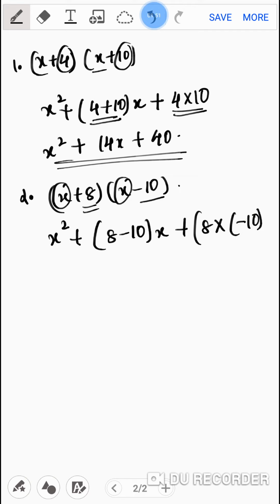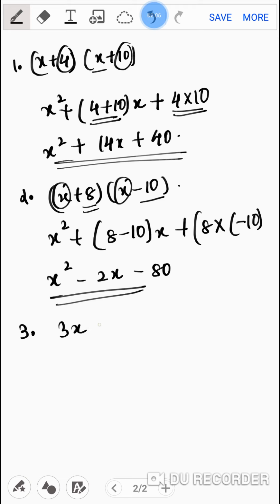You have to take the sign along with your number. So that will be something like this, and that's your answer.